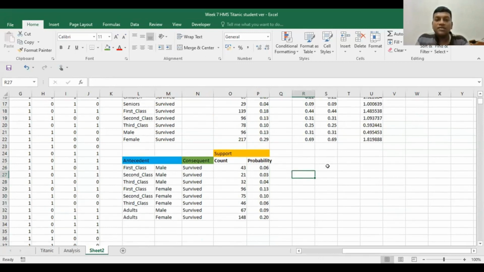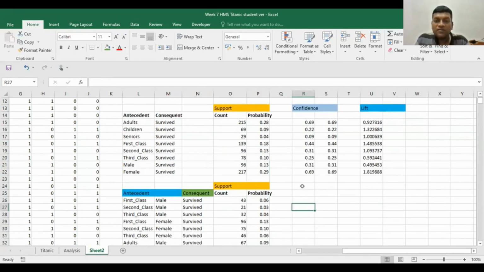Okay, now let us look at confidence. Control C, Control V. So for confidence, I would actually need the standalone probability of first class and male alone.